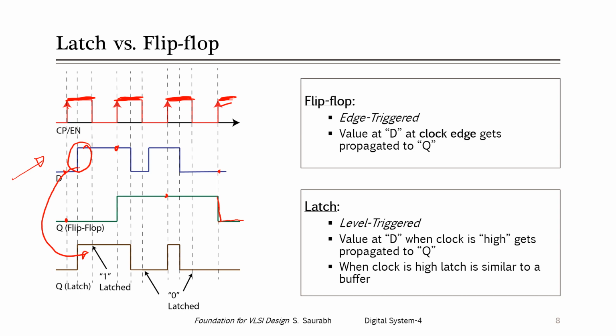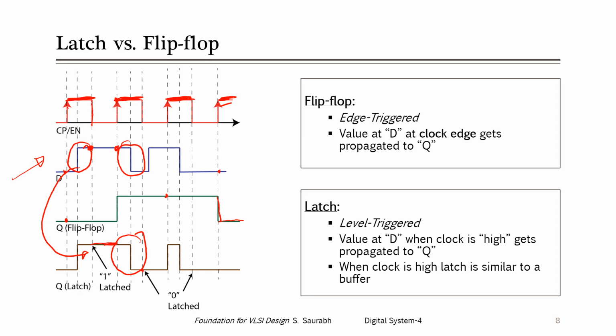Once the clock goes down, whatever this value was will remain there till the point the clock or enable signal becomes high again. So it will remain 1 here, and whenever it comes to this point, whatever the value of the data was will be reflected at the Q pin of the latch.